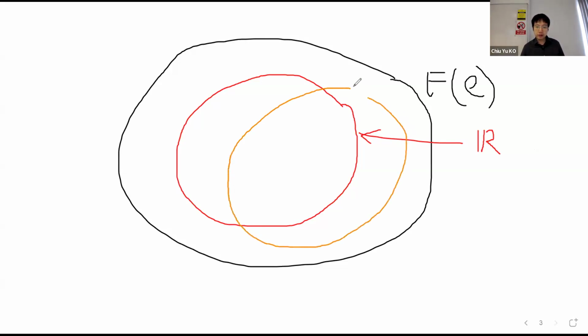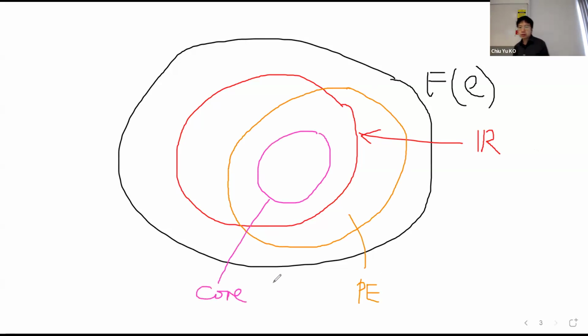Pareto efficient allocations are somewhere here, and the core is here, in the intersection.